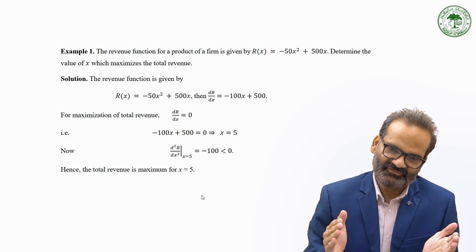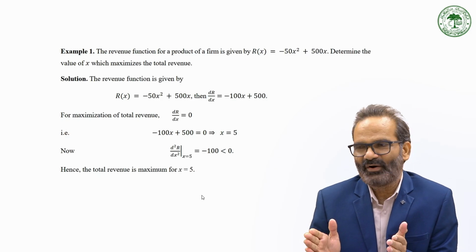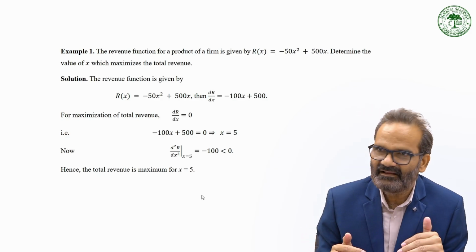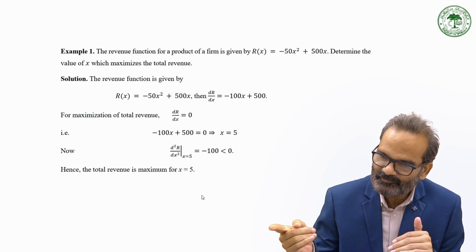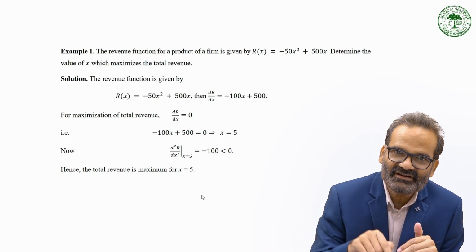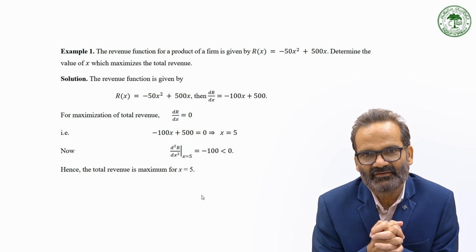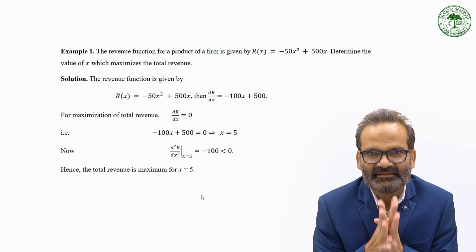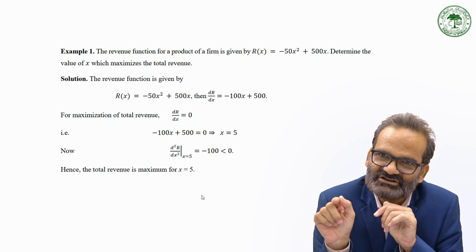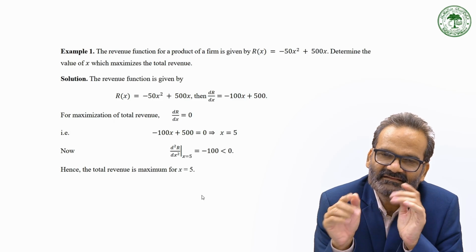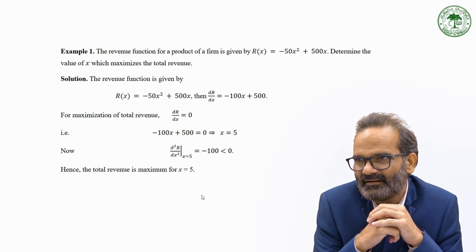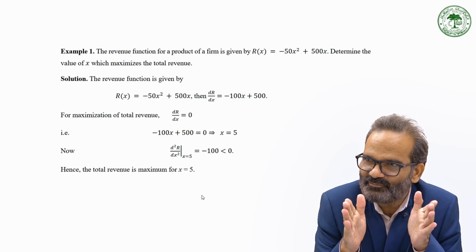After getting the stationary points, find the second derivative of the given function and put the stationary points in the second derivative. If the second derivative comes out to be negative, then that stationary point will be considered the point of maximum.